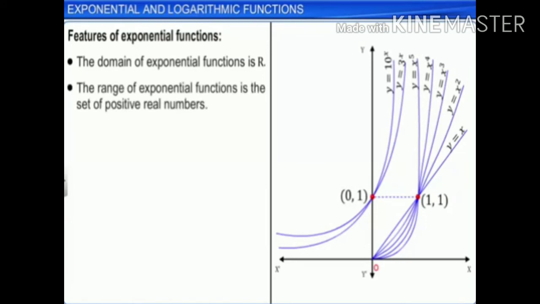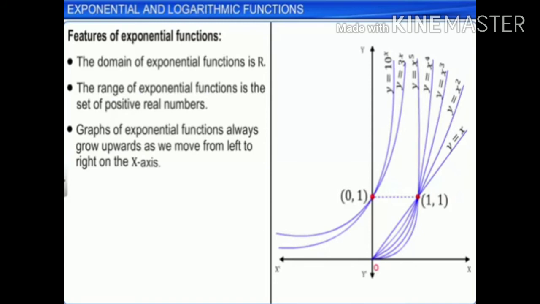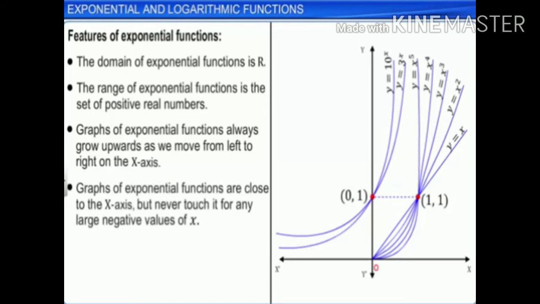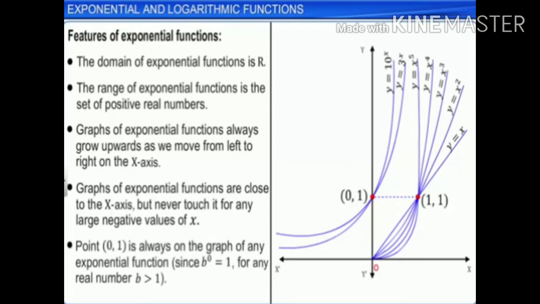Graphs of exponential functions are close to the x-axis, but never touch it for any large negative values of x. Point (0, 1) is always on the graph of any exponential function. This is because b raised to the power 0 is always 1 for any real number b greater than 1.